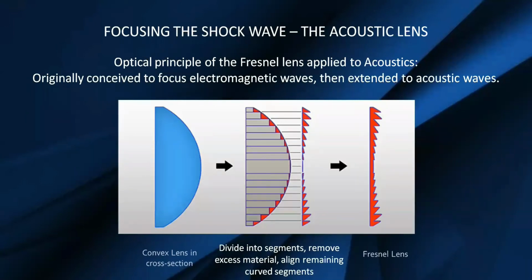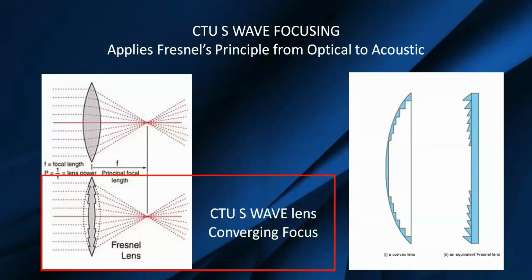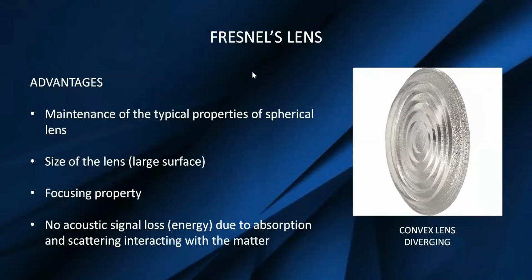The focusing properties of these machines derive from the application to acoustics of the principles of the Fresnel lens, but applied in a different way, from convex lens to concave lens, as you can see here. And the conceptual advantage of the Fresnel lens is that we can maintain the optical and acoustic properties.